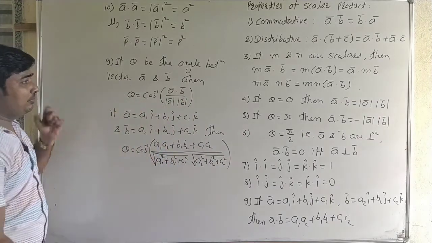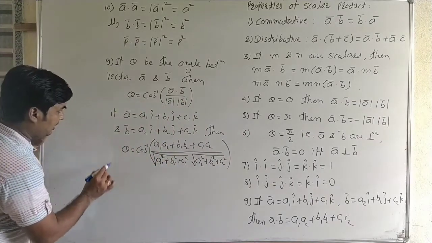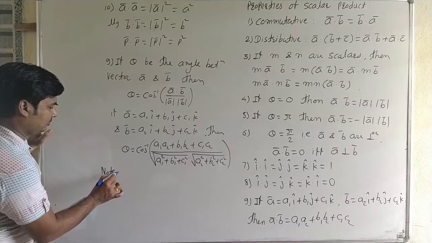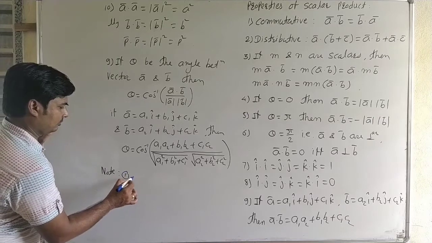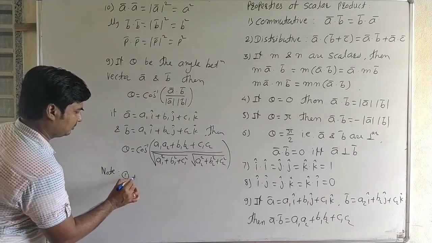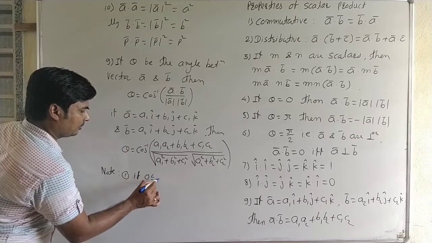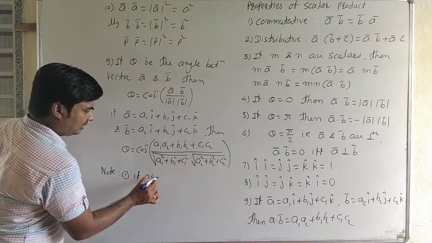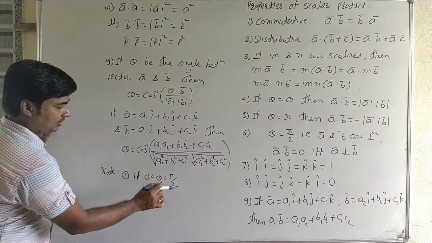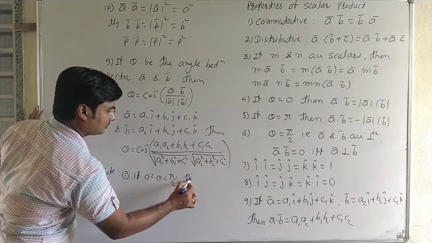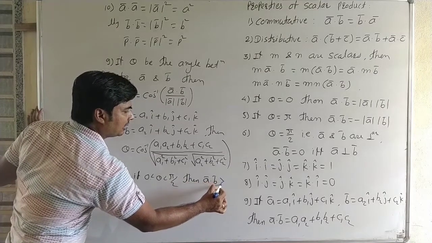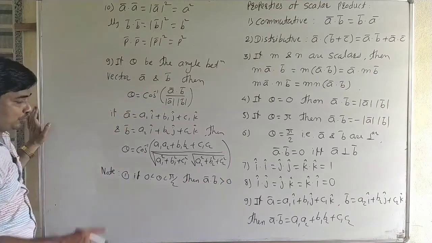Here, note that if theta is greater than 0 and less than pi by 2, that is the acute angle, then a bar dot b bar is greater than 0, that is positive.